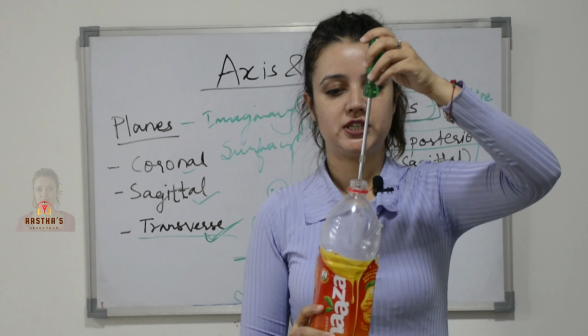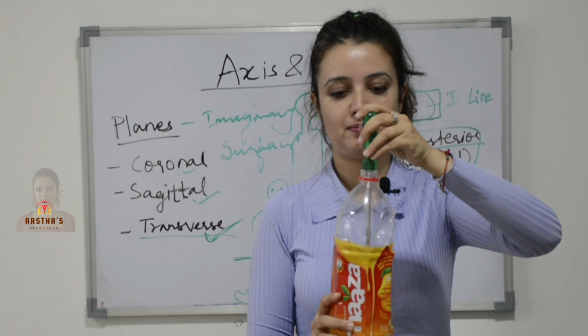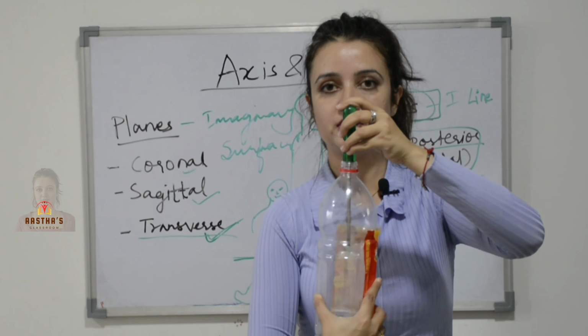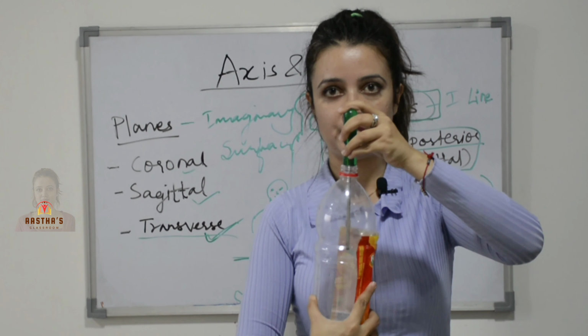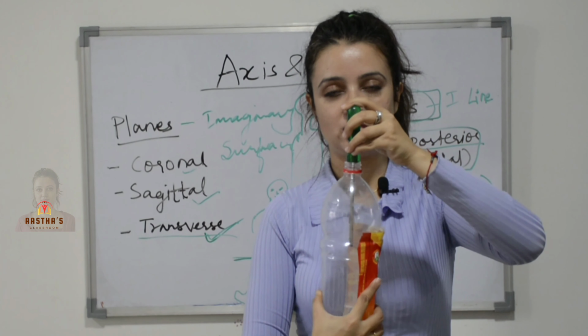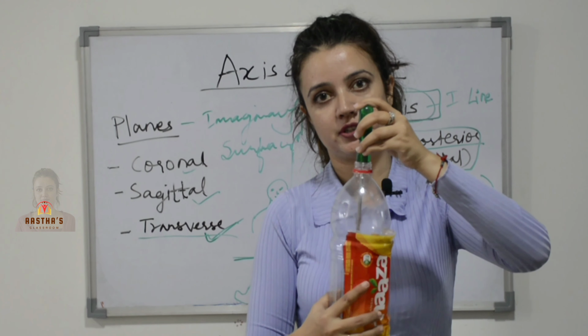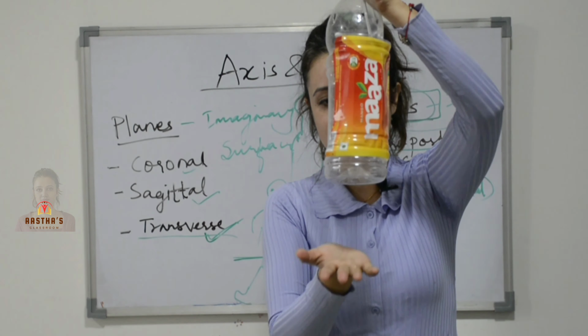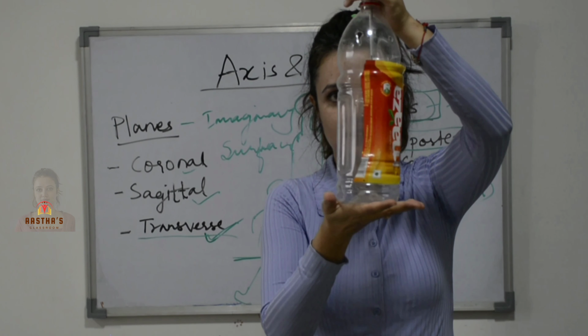Now coming to the vertical axis, the movement possible over here is rotatory movement, rotation. In which plane does the rotation occur? If you keep your hand down and just see, can you see this?